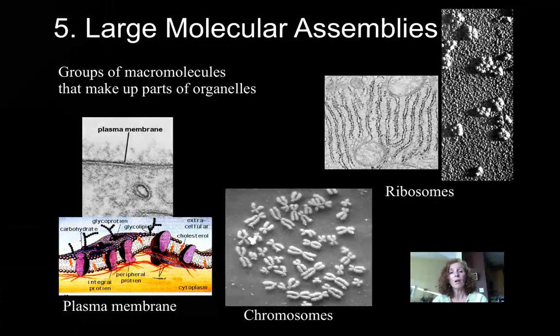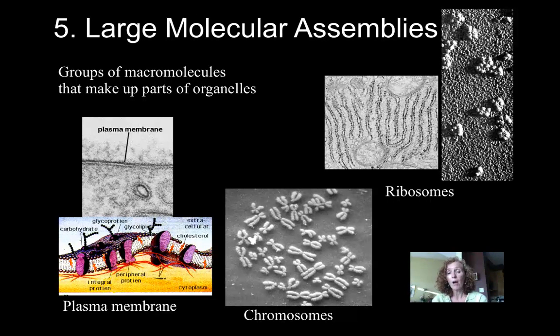If we look any closer at a single one of those organelles, we'll see that they are made up of different large molecular assemblies. And so, for example, the plasma membrane that surrounds the mitochondria, the nucleus, the endoplasmic reticulum, it's made up of this phospholipid bilayer that is embedded with proteins.